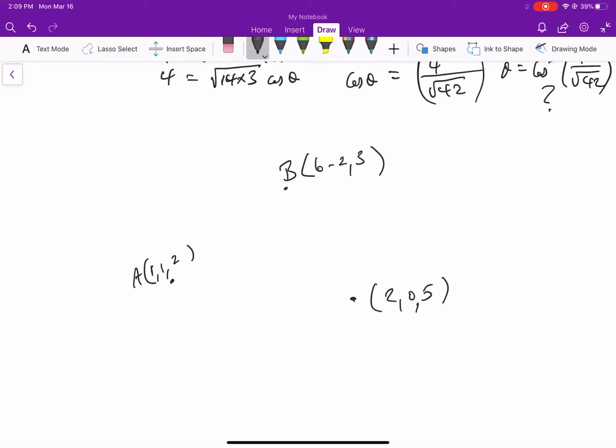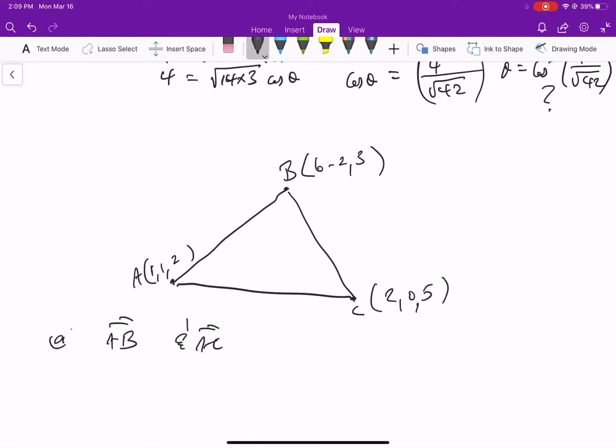So what we're going to do, we're going to draw that triangle. Typical question would be to find the displacement vectors AB and AC.